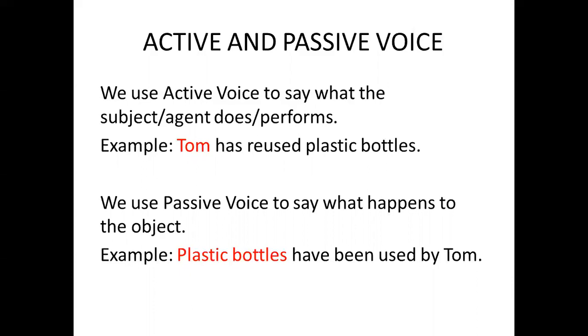In this case, the subject performs or does the action, and the object receives the action. The example shows that Tom performs has reused, and plastic bottles receive that action has reused.